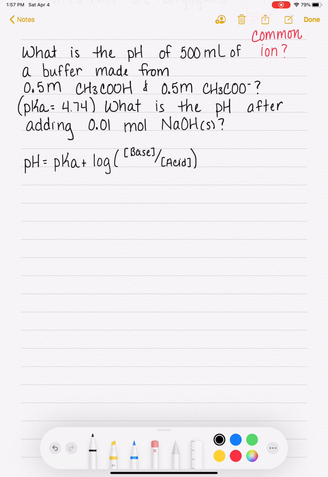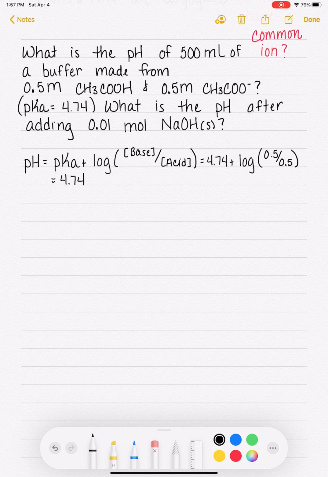And like I said, we already did the math on this. I'm not going to redo the math on this. The pKa is 4.74, and the concentration of the base and the acid are both 0.5. When we did this problem on the worksheet, it's just 4.74. That's the pH. So that's the first part of the problem.